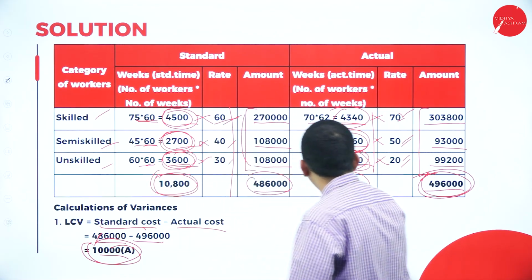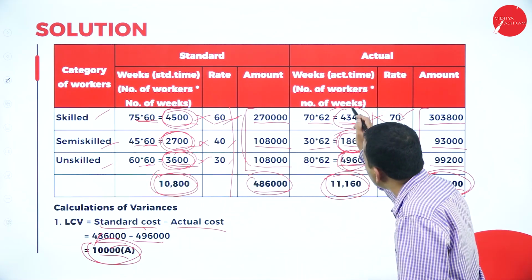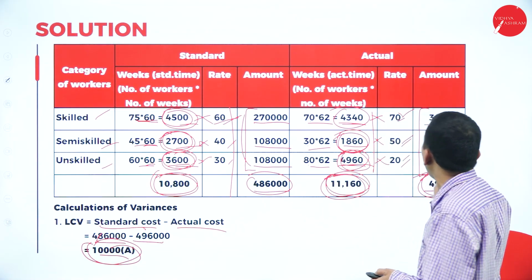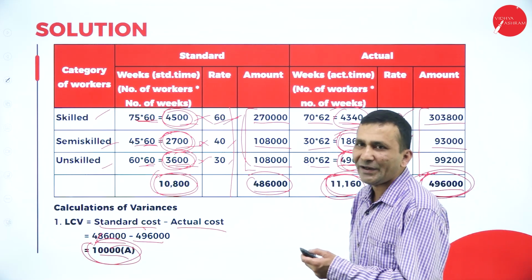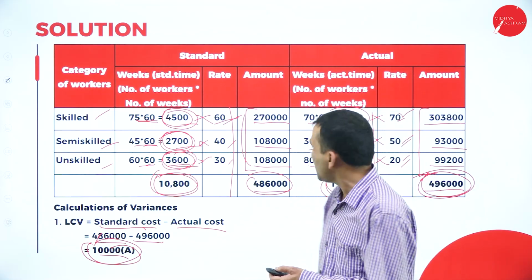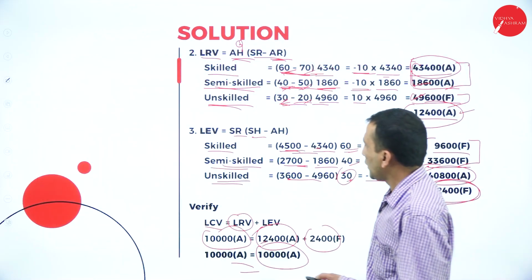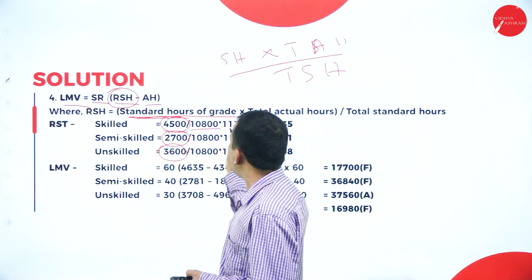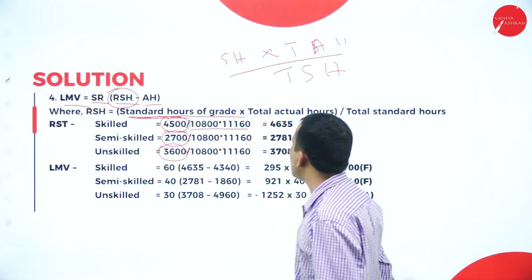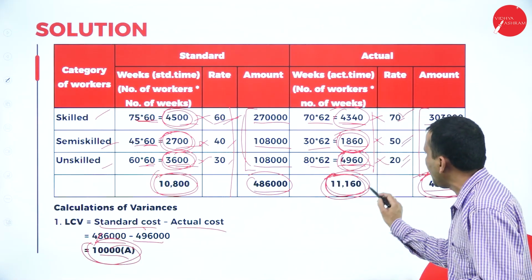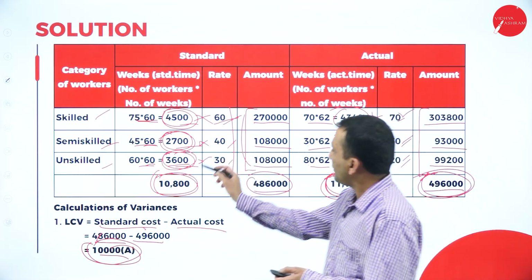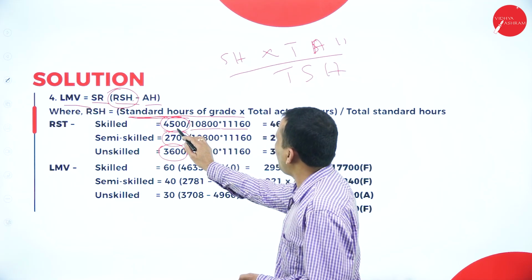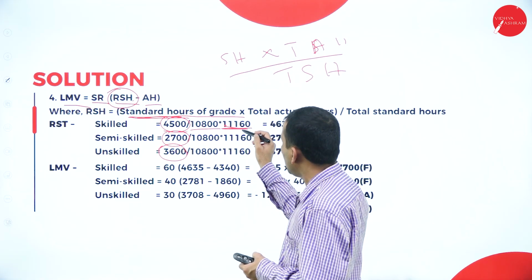The standard total is 10,800. We don't want to take the cost because we are not doing material cost, we are doing labor cost, so we need to take the labor total. So here 4,500 into the actual total hours 11,160, with the standard hours being 10,800.